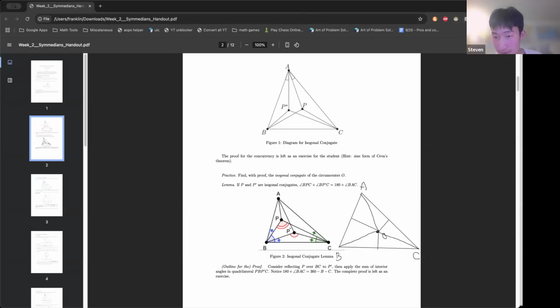Eden, can you clarify what you mean by just all altitudes? So basically, in order for the angles to be equal, it has to be a right angle, right? So it's just the intersection of all the altitudes, which is the orthocenter.